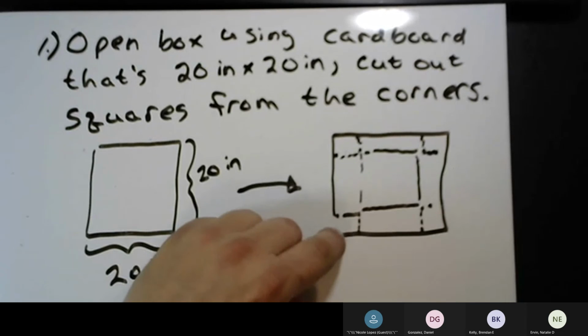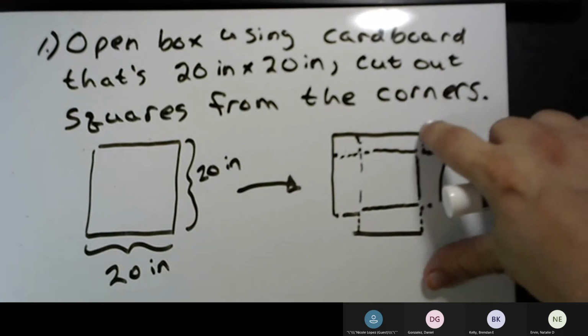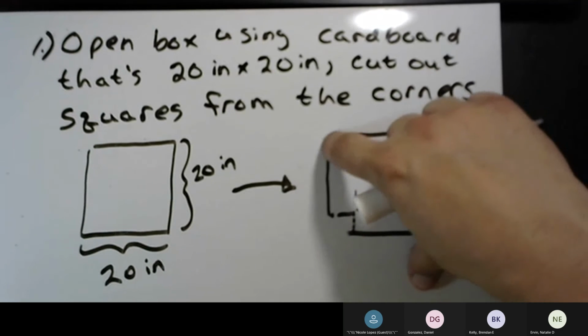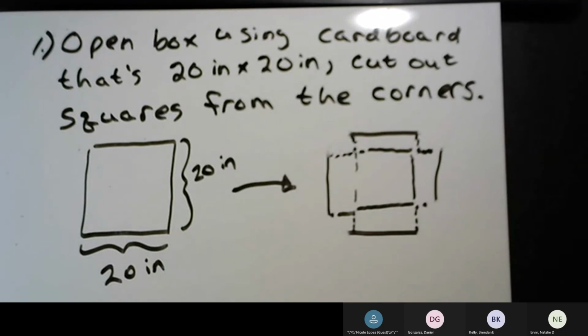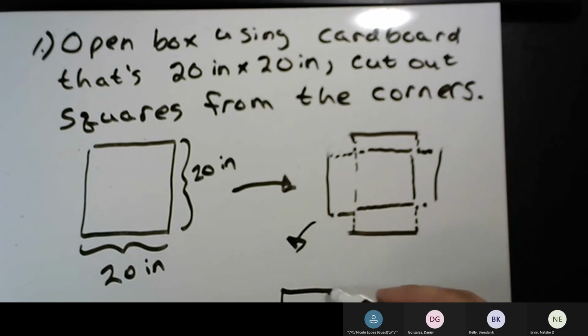So we're going to remove these, doing step 1 and step 2 until we get something like this after folding up the sides.